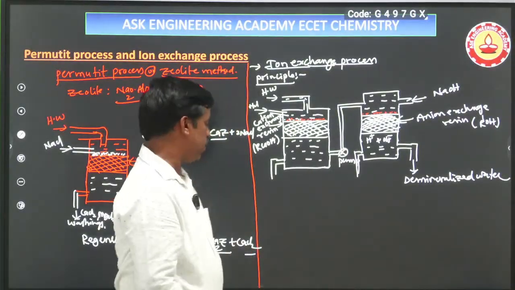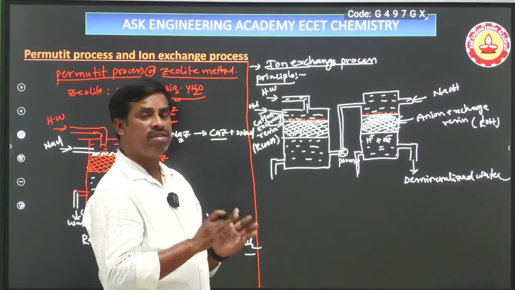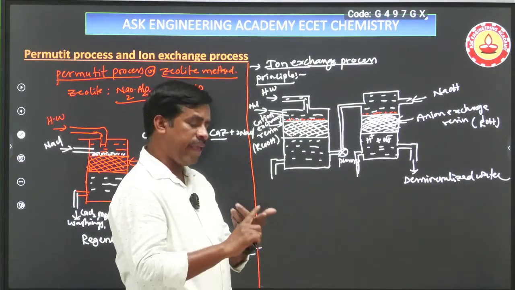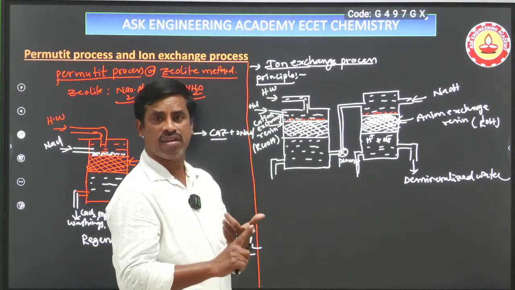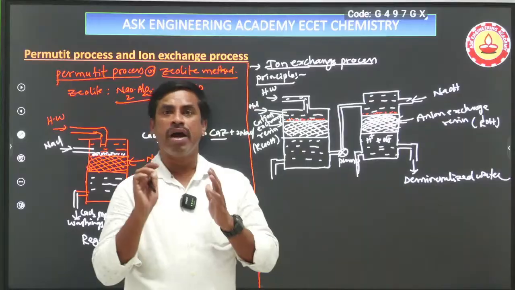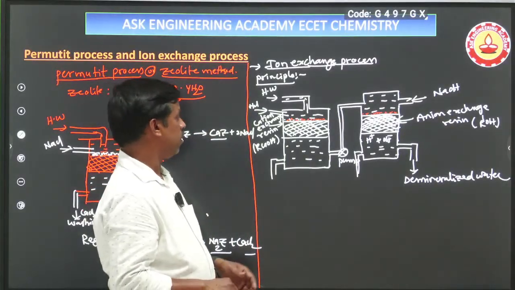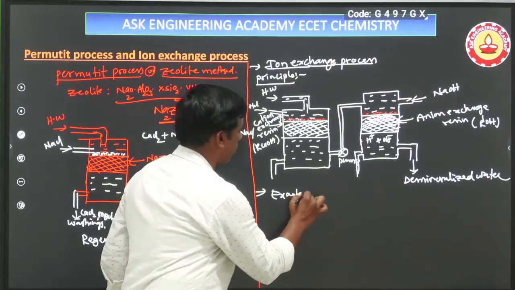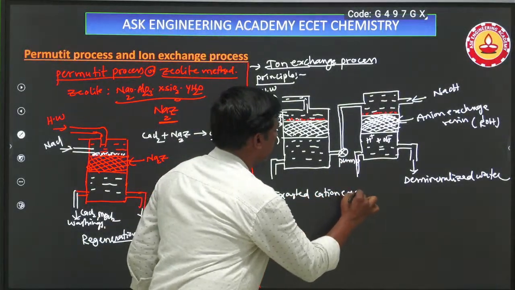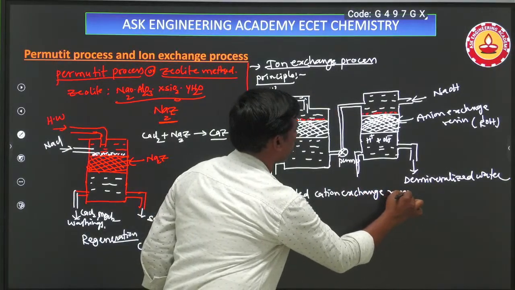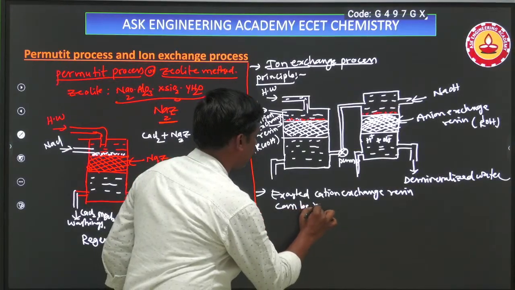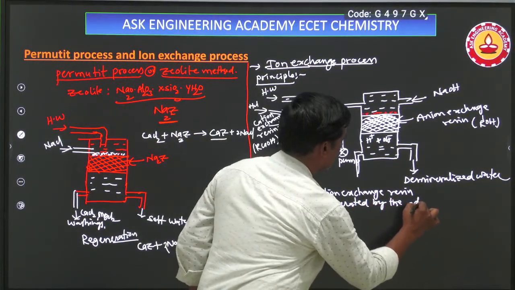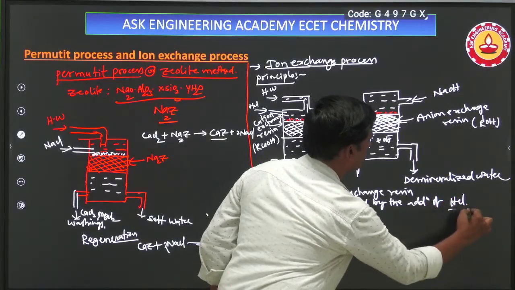Once again I am repeating, how to regenerate the exhausted cationic exchange resin: exhausted cation exchange resin can be regenerated by the addition of hydrochloric acid.